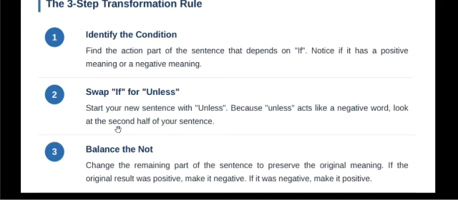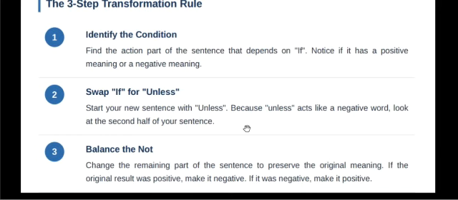If the original sentence is starting with if, your transformation is supposed to start with unless, because unless acts like a negative word. Look at the second half of your sentence after you've started your new sentence with unless. You've written the first part of the sentence. Now where there's a comma, you pause there.